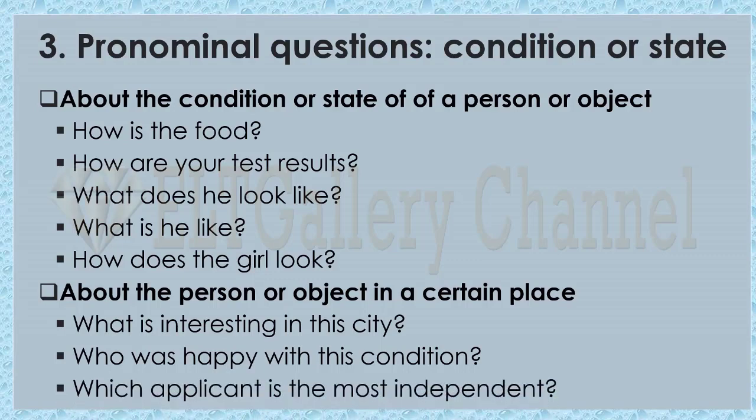So we have several applicants and we want to know which applicant is the most independent. The construction here is what, this is the subject, and this is the predicate is, and interesting here is the state or condition. What is interesting in this city? Who was happy with the condition?